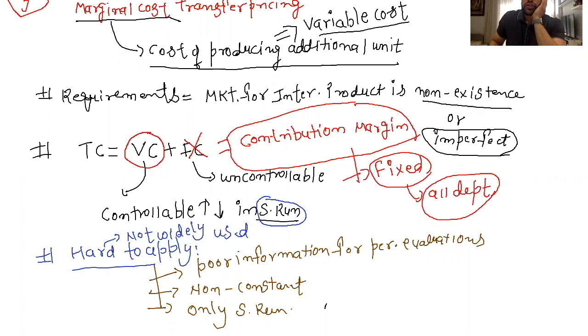Now we move on to the next one, number 4. Number 4 is full cost transfer pricing.